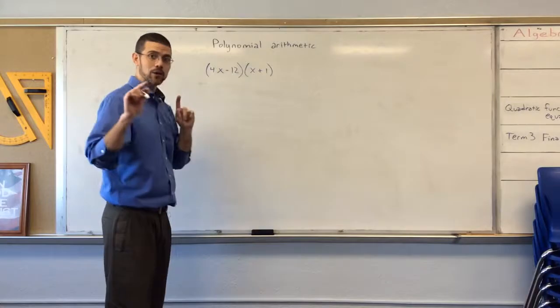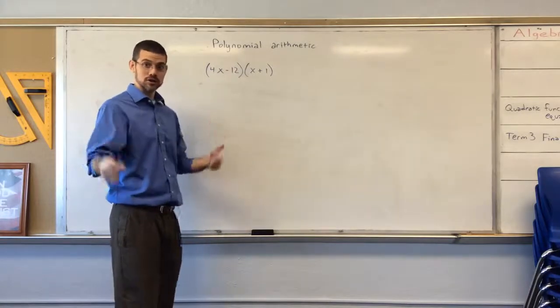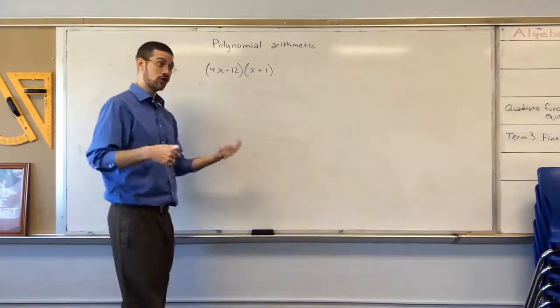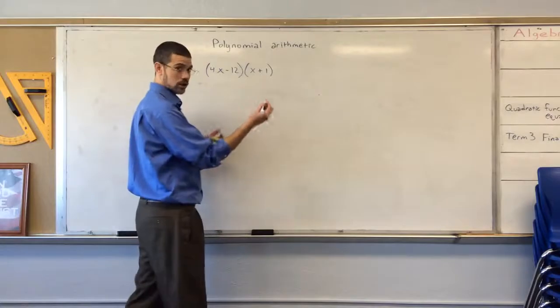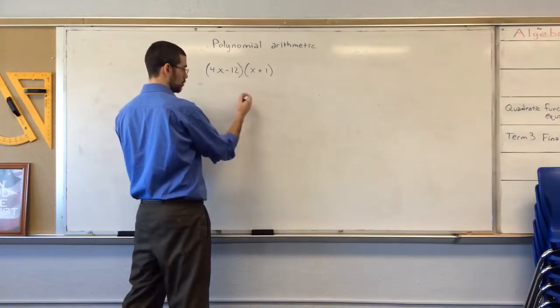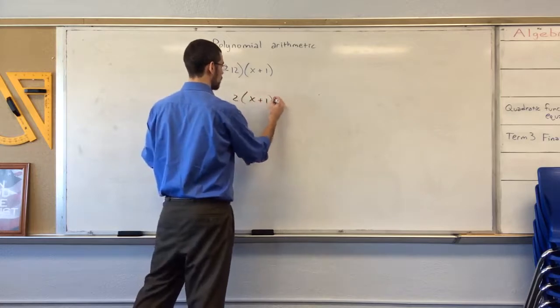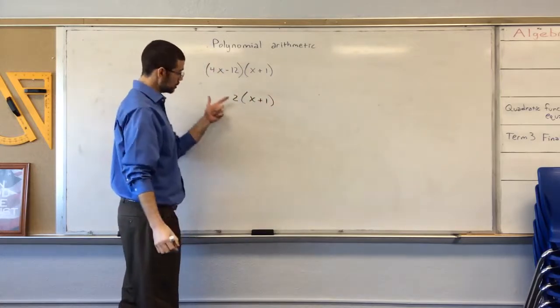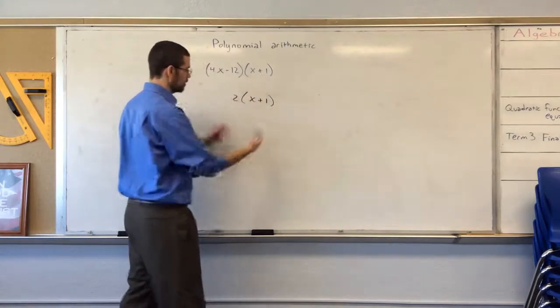Before we do that, I want to remind you of the principle that's at work in this, which is called the distributive property of multiplication over addition, or just the distributive property. And it looks something like this. If we were going to do, for example, 2 times x plus 1, we could distribute the 2, because it's being multiplied by everything in the parentheses.